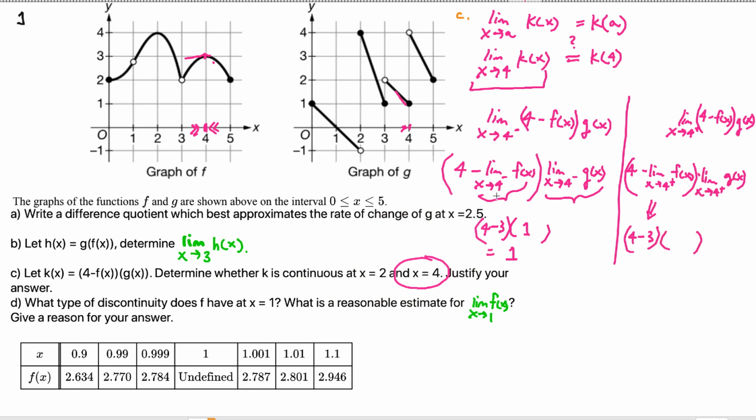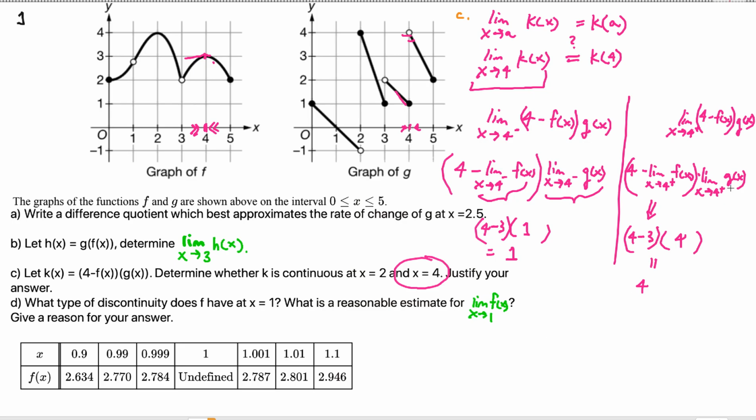So what's this? I'm getting closer and closer to 4 along x, and if I go up, I'm getting closer and closer to 4 along y as I approach 4 from the right. So this is going to be times 4. And 4 minus 3 is 1, and 1 times 4 is 4.